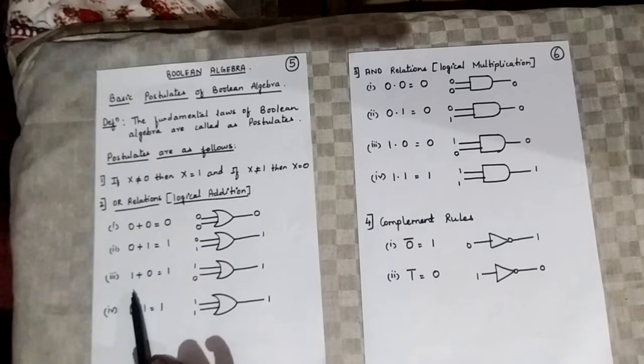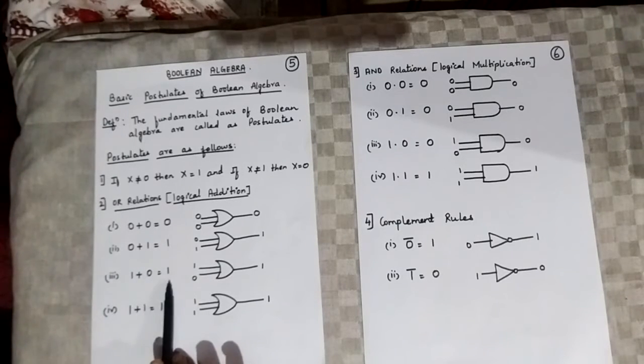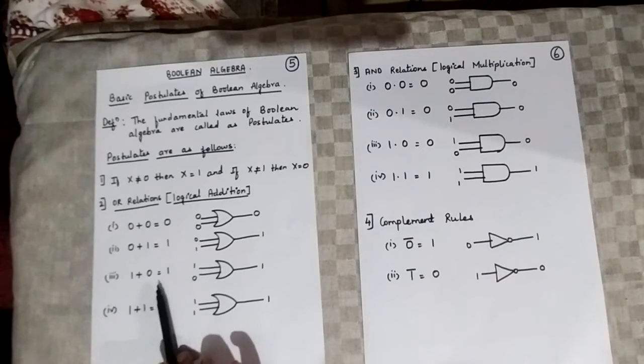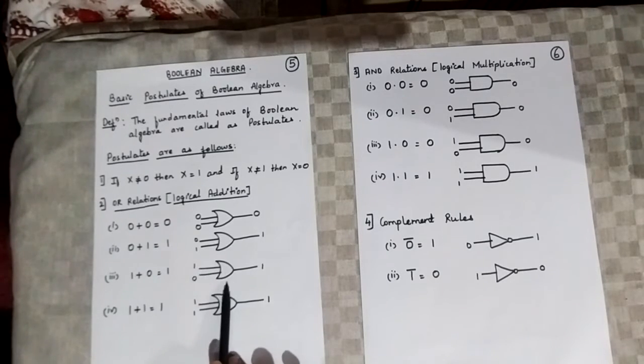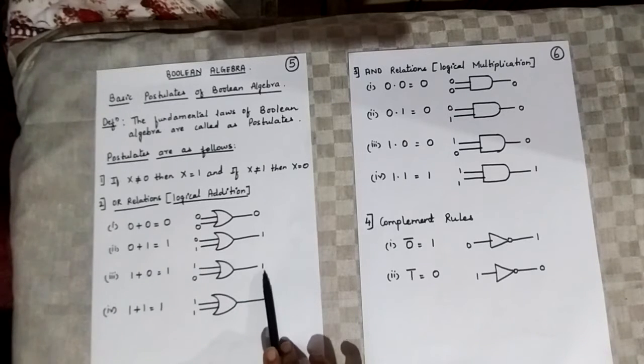Coming to the third one, it says 1 plus 0 results in 1. Here, corresponding to this postulate, we have the OR logical symbol, which takes two inputs 1 and 0, and this is going to result in 1 when we apply OR relations.